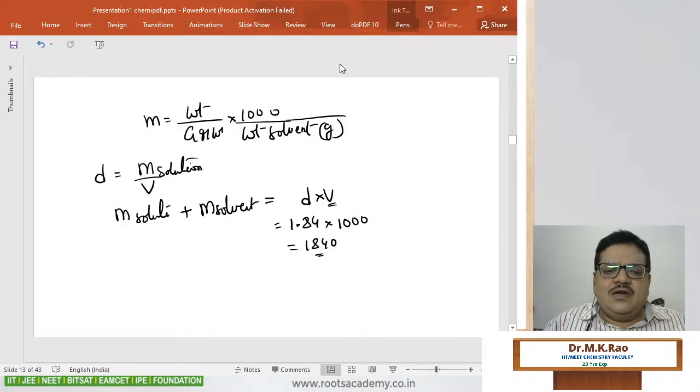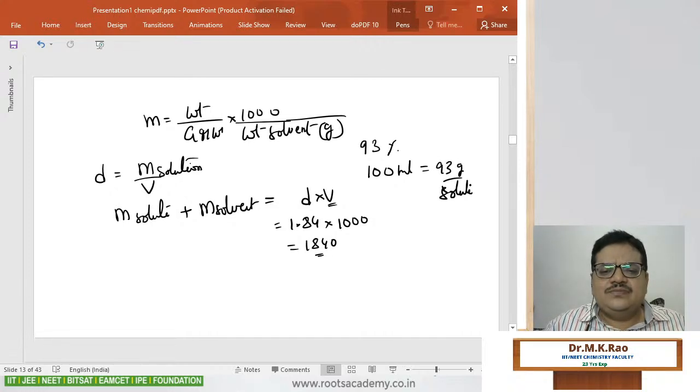93% means 100 ml contains 93 grams of solute. Now 1000 ml contains 930 gram of solute. Now you subtract 930, and you will get the weight of solvent.